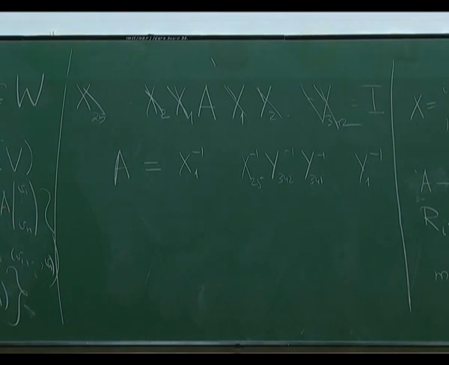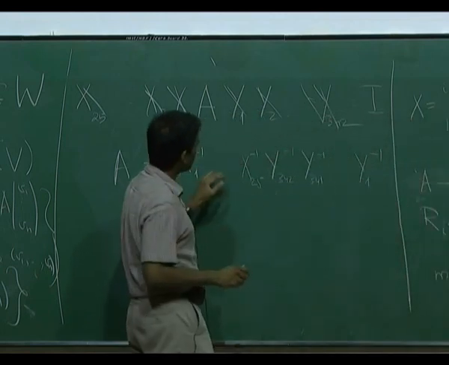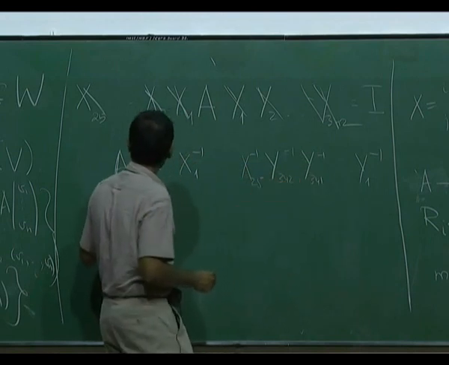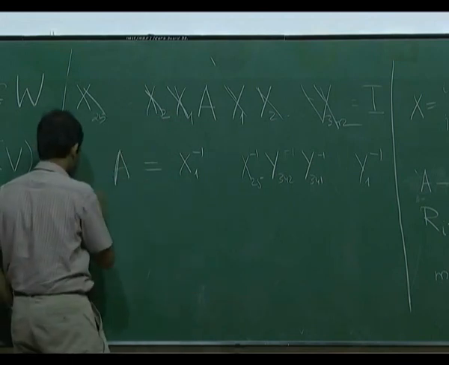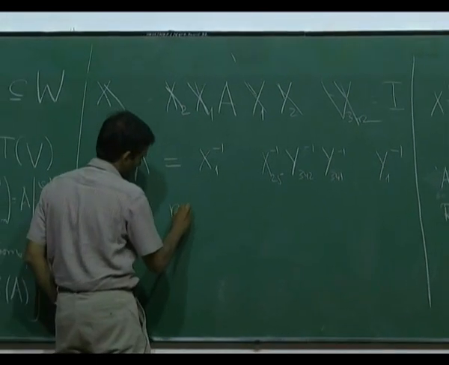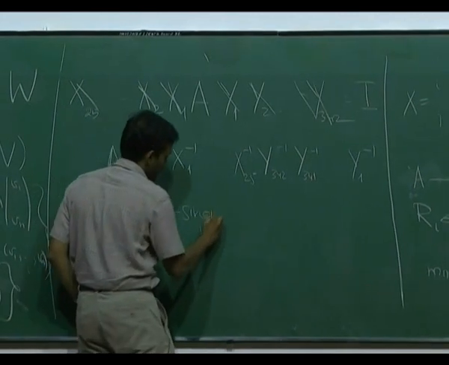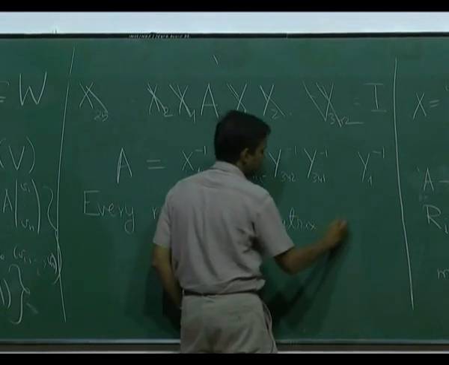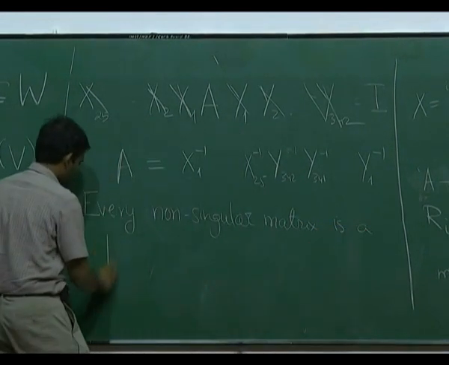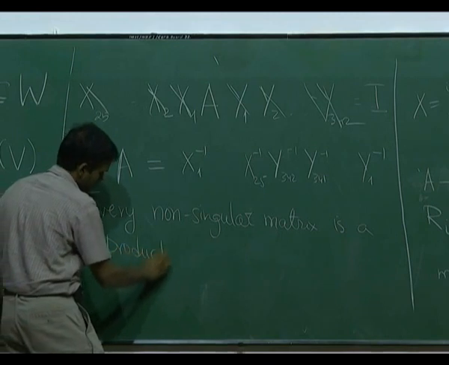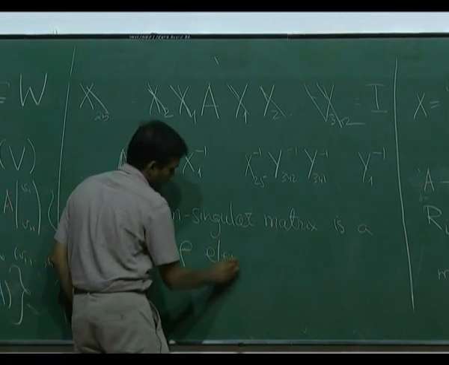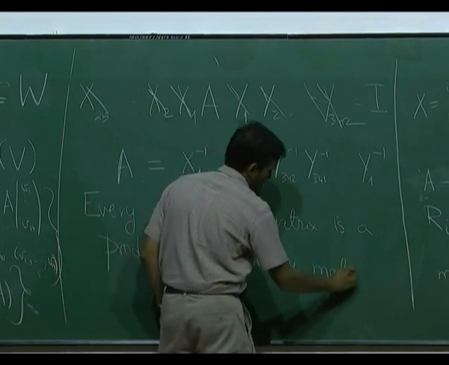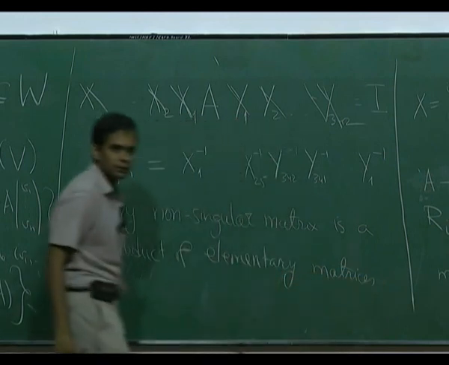So these inverses are also elementary matrices. And so what I am saying is that every non-singular matrix is a product of elementary matrices.